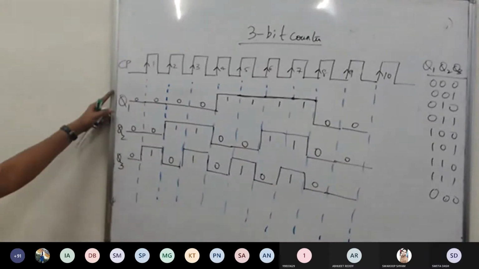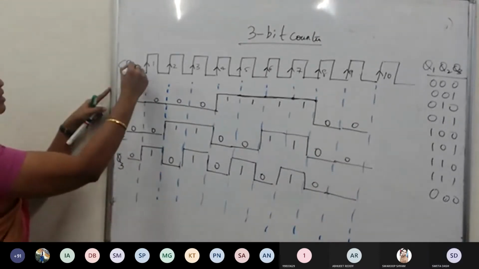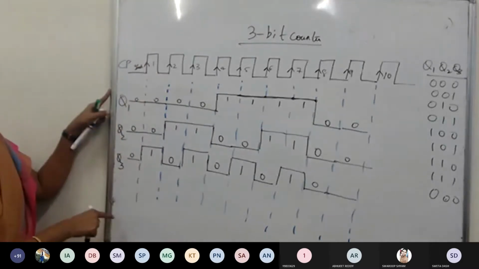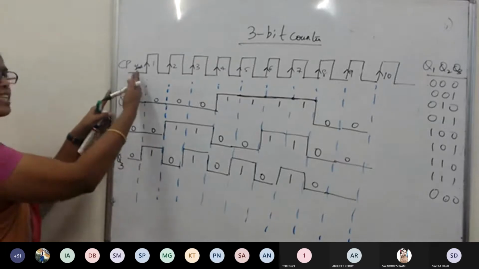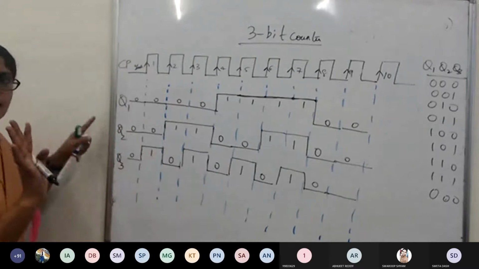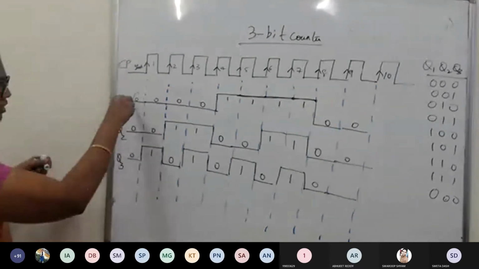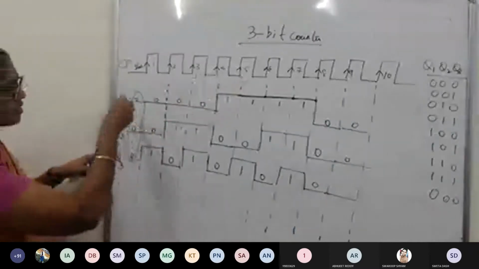Right? Now, if you carefully understand, this one is my start, which I consider as a part of my waveform. Okay, doesn't matter. Many books show the start as part of the waveform; some books show it after the start. Doesn't matter at all. Now, if you check carefully, Q1, Q2, Q3 in the first state: 0, 0, 0 has come.